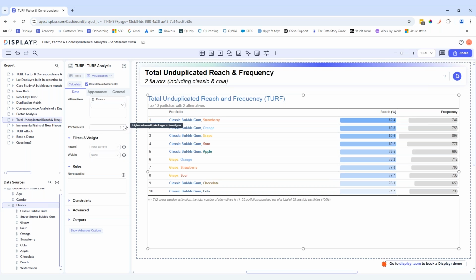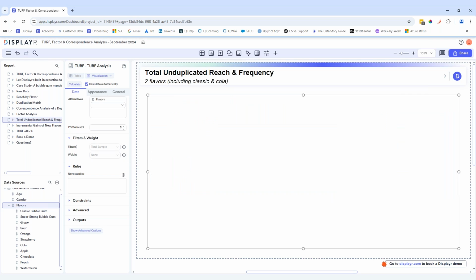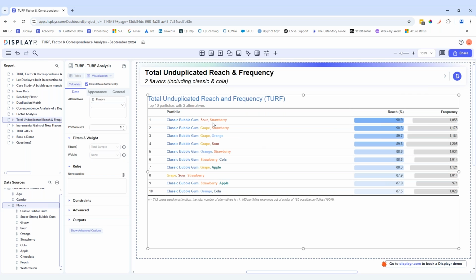Let's check out a 3-flavor portfolio. With 3 flavors, the best portfolio consists of a traditional flavor, a citrus flavor, and a sweet fruit flavor, which is basically what we saw before. But look at the second best portfolio, which is almost as good as the best portfolio.